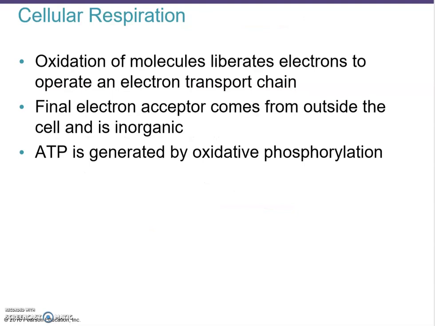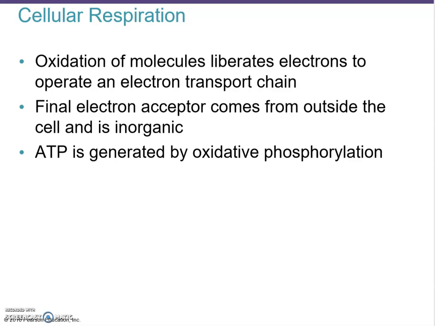Now, ideally, we should be able to oxidize that pyruvic acid further, because there's still a lot of energy in the pyruvic acid, and so if we have oxygen available as the final electron acceptor, then we can run the Krebs cycle and the electron transport chain, gain a lot more ATP, and basically completely oxidize our original glucose.